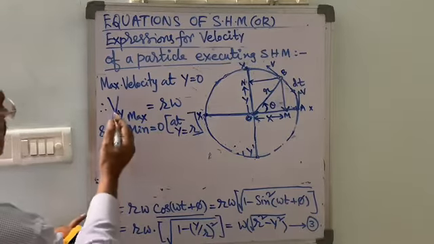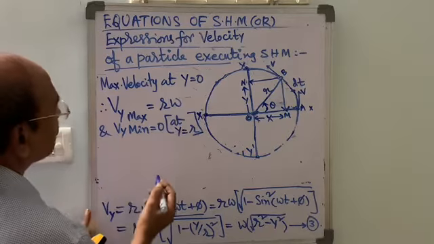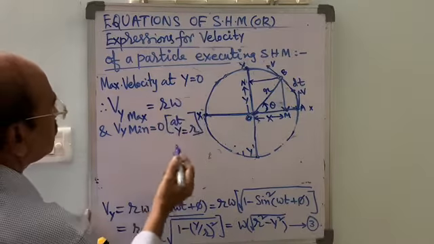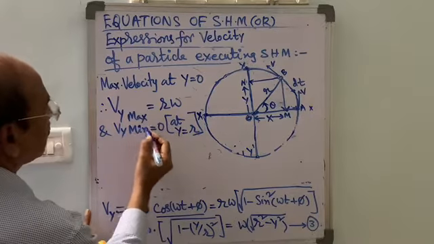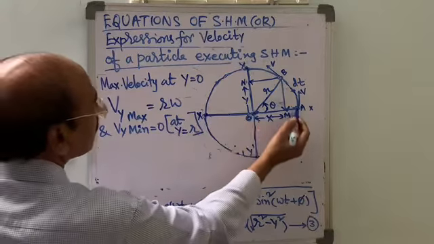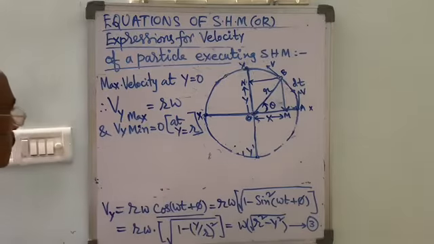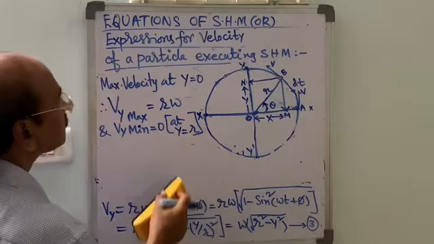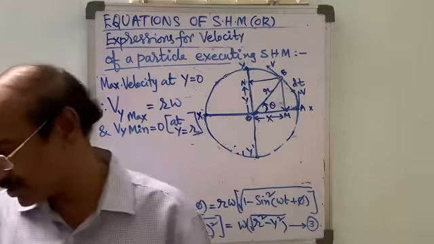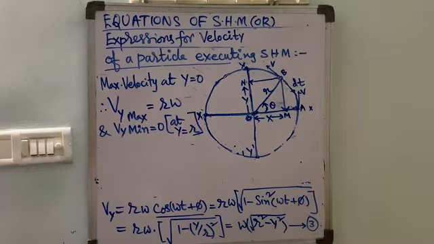Maximum velocity Vx is equal to R omega at x equal to 0, the mean position, and Vx is minimum at the tips of the horizontal diameter. Now let us derive the expression for acceleration of the particle executing SHM.